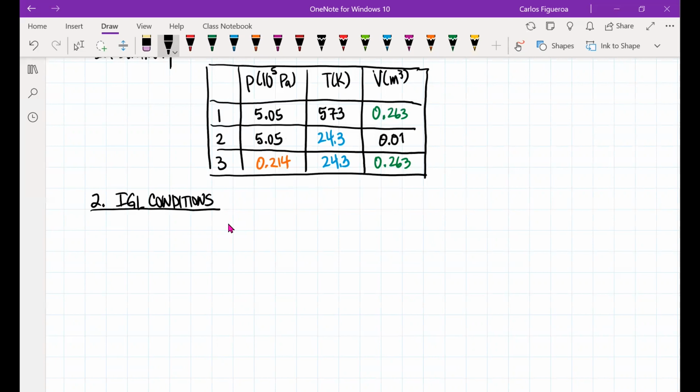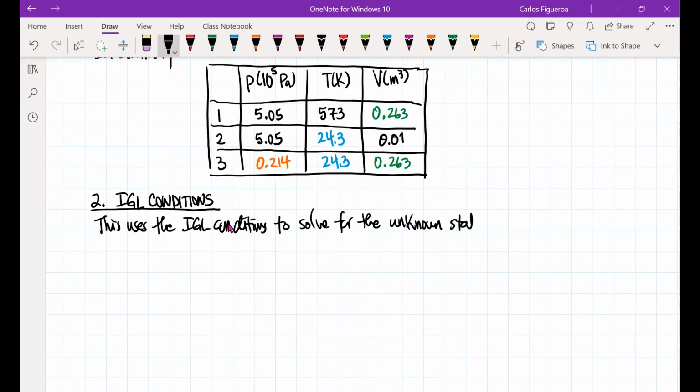Now the ideal gas law conditions use the ideal gas law conditions to solve for the unknown state variables.